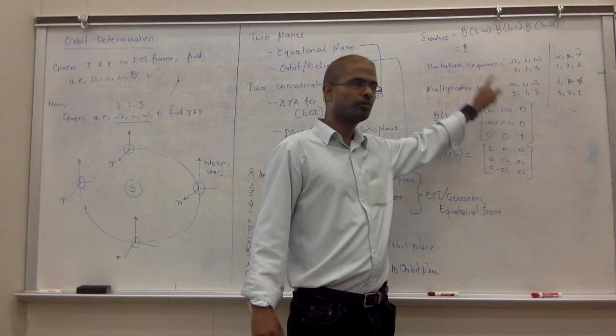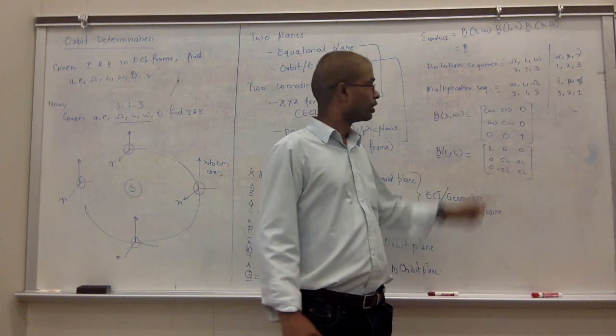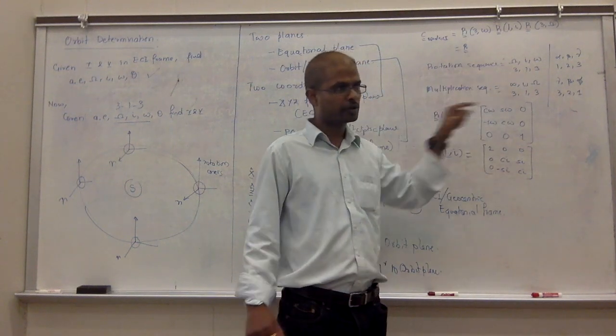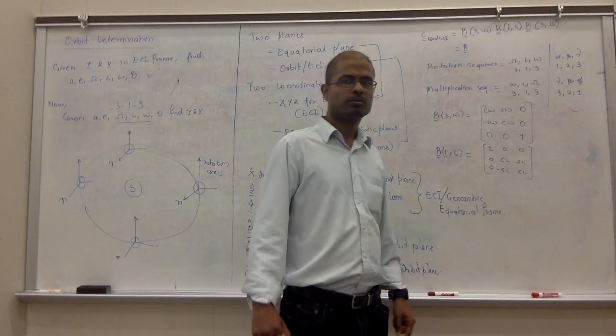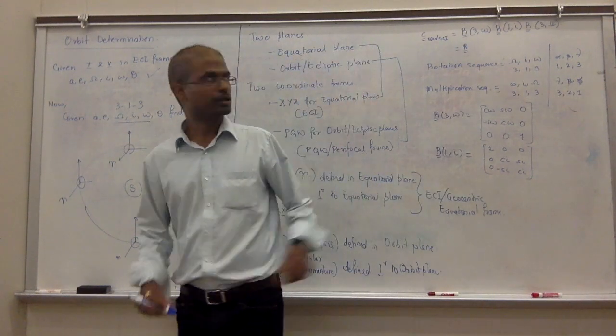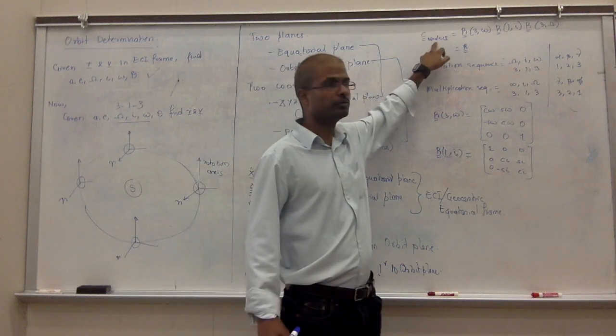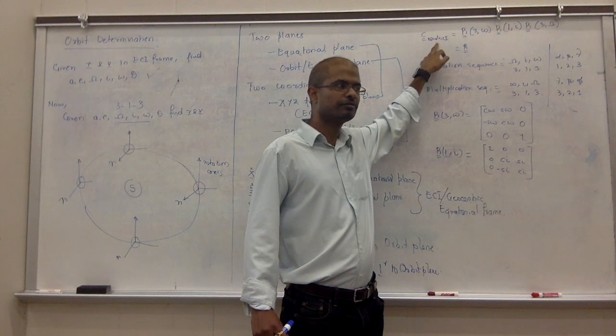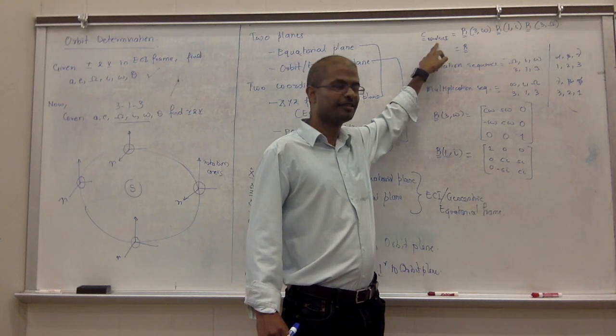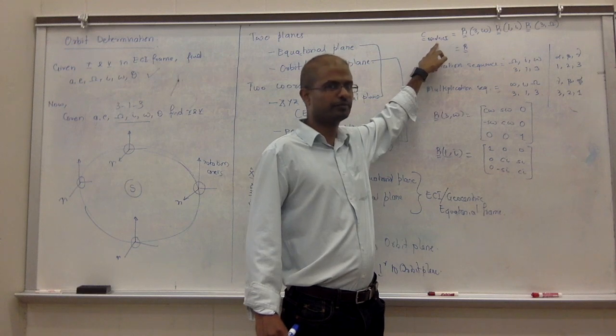First column, second column, third column, it's 1. You multiply and then take first column, second column, third column, you still end up with 1. This is also a DCM. What is DCM? Direction cosine matrix.